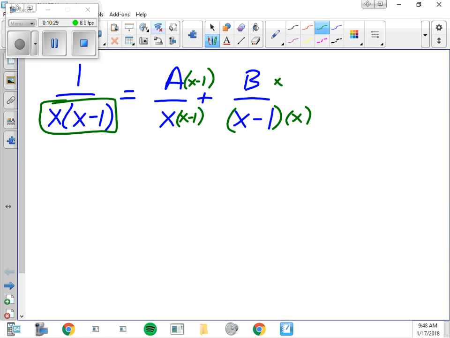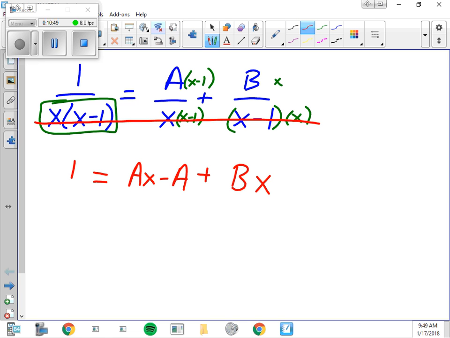And if something over 10 equals something over 10 plus something over 10, I just eliminate all the 10s. So I'm going to go through and just scratch out all the denominators. And I'm left with 1 equals ax minus a plus bx. I just distributed the a.